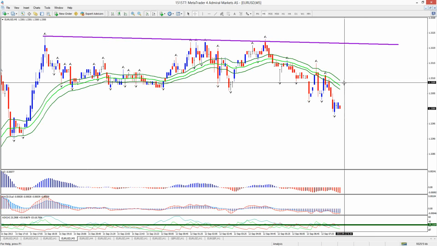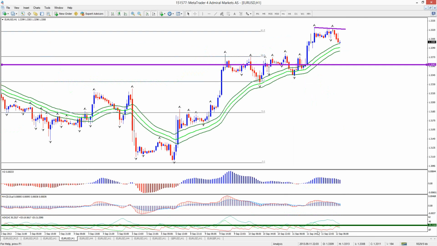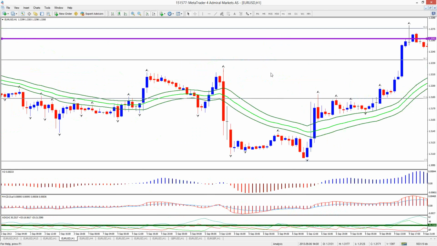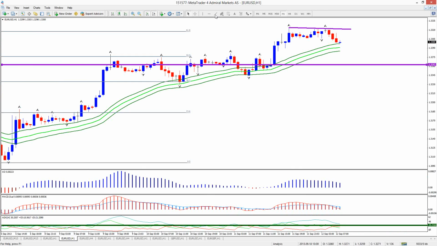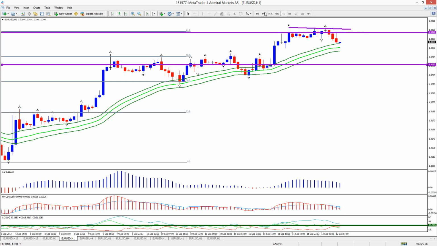So the 5-minute band could act as resistance. Let's see where the 1 hour high is, right around here, 133.16.